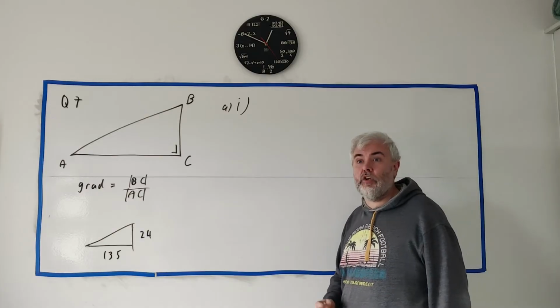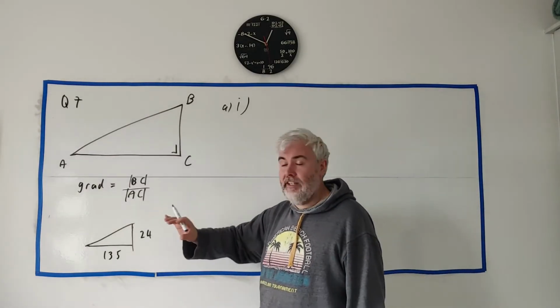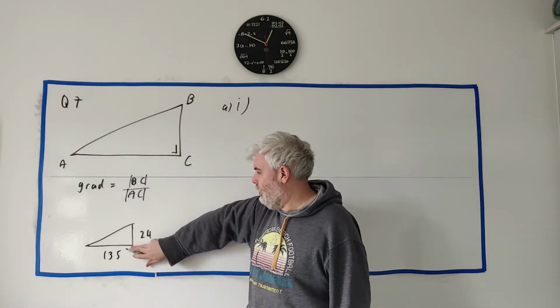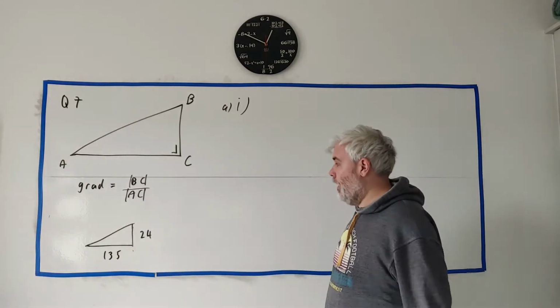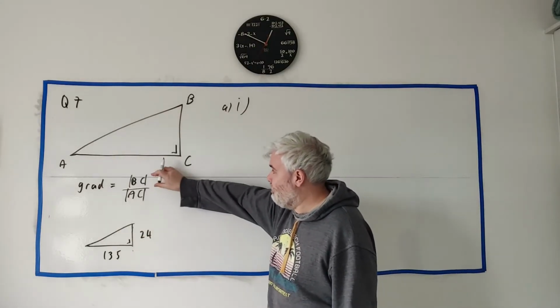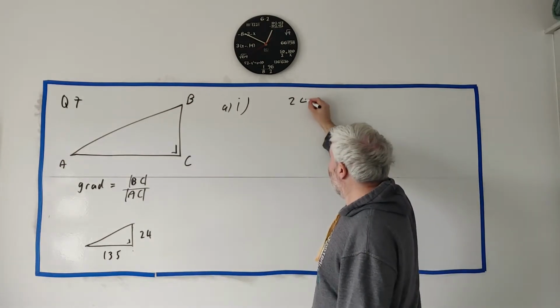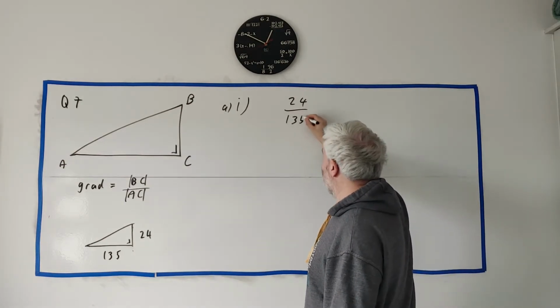Find the answer to the nearest percentage. So find the gradient in percentage form. That'll be the first thing that probably gives people trouble. So find the gradient. They just tell us BC divided by AC. BC divided by AC. 24 divided by 135.